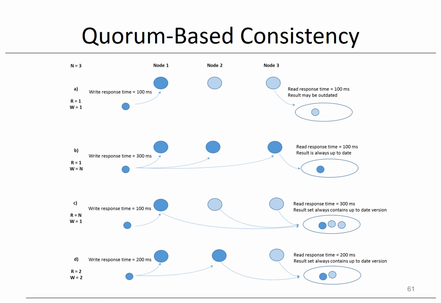For the sake of simplicity, let's assume that the first node always responds after 100 milliseconds, the second node after 200 milliseconds, and the third node after 300 milliseconds. Let's also assume these figures hold for both read and write operations. In real-life situations, these values will fluctuate depending on the actual workload of every node.